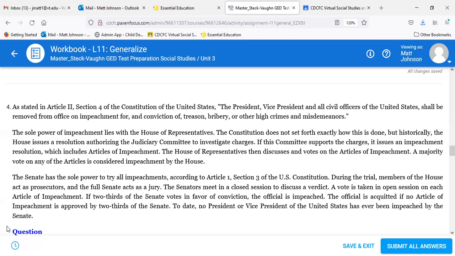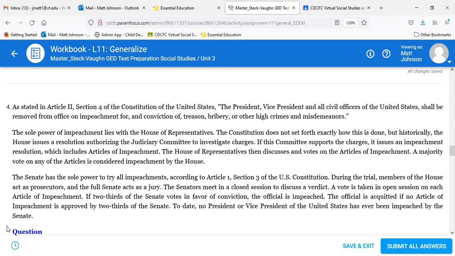Okay, Christiana, you want to finish off there, the last paragraph? Okay. The Senate has the sole power to try all impeachments according to Article 1, Section 3 of the U.S. Constitution. During the trial, members of the House act as prosecutors, and the full Senate acts as a jury.